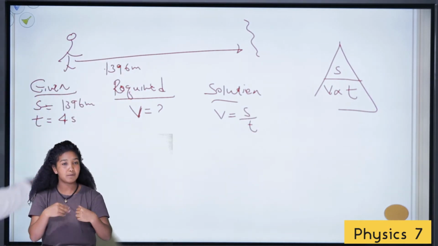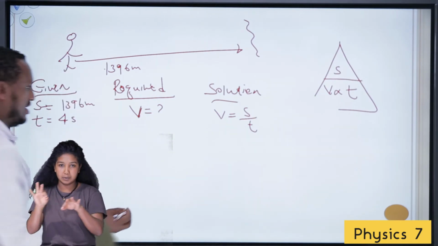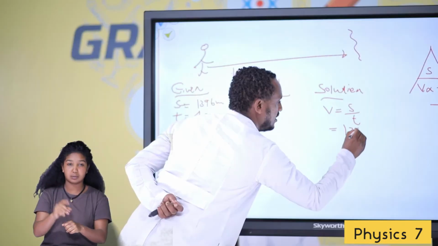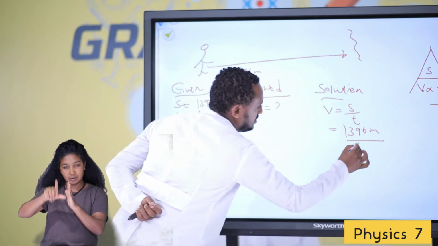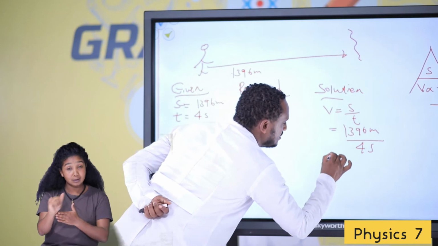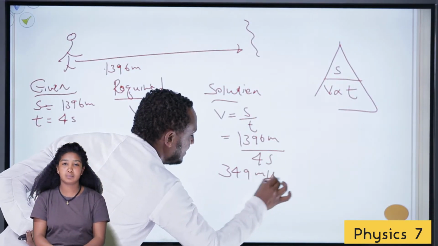Here we have distance and time, so we can substitute easily. Our distance is 1,396 meters, and our time is 4 seconds. So our speed is 349 meters per second.